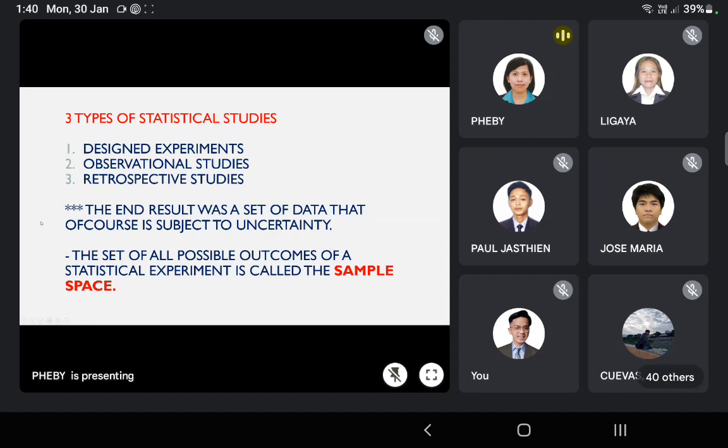The set of all possible outcomes of a statistical experiment is called the sample space. Sa statistics, meron tayong tinatawag na sample space, designated as S.